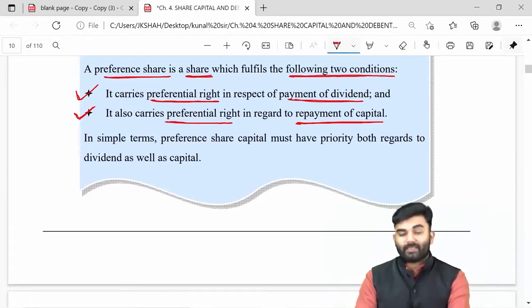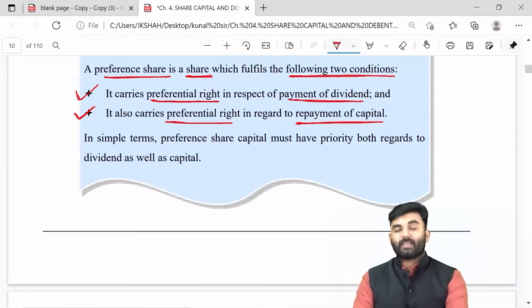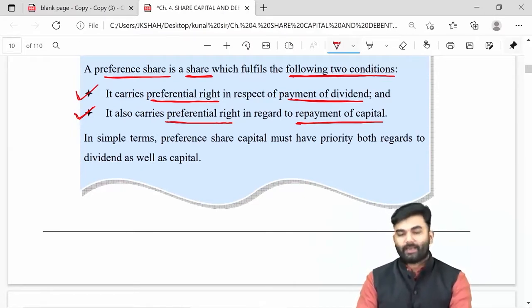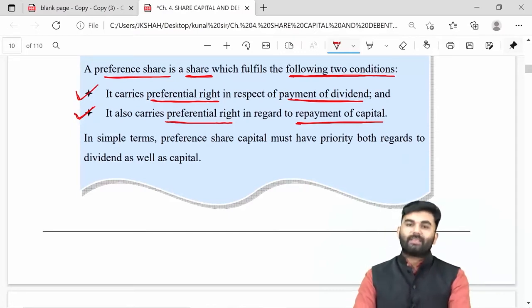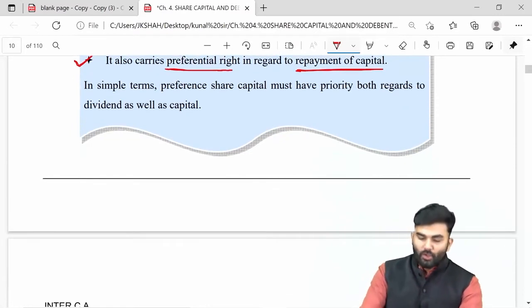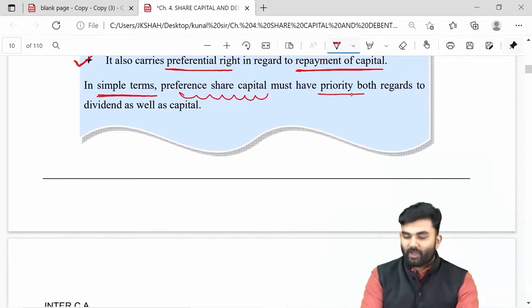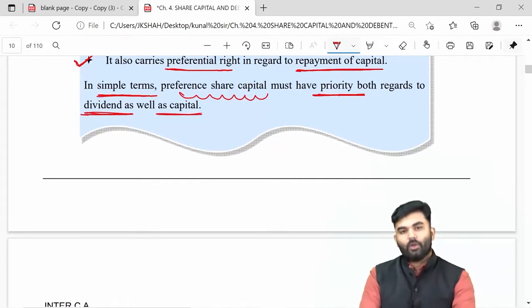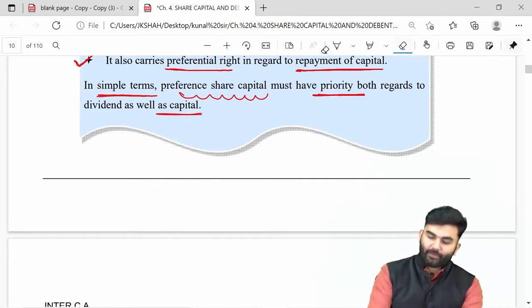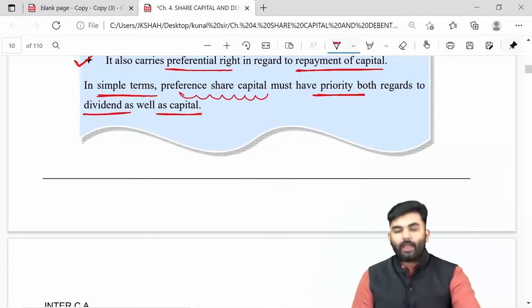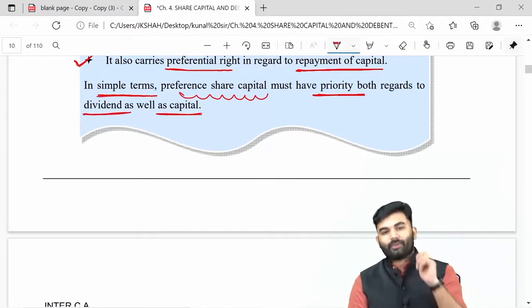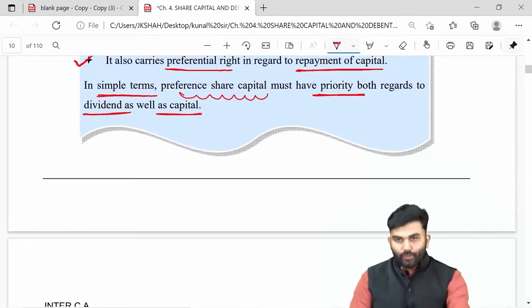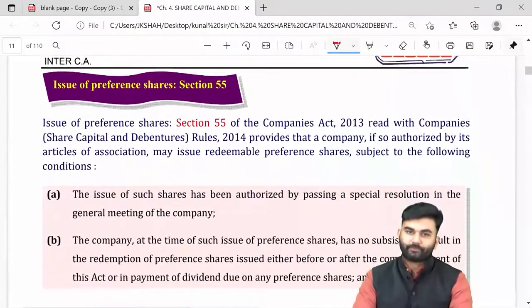If any surplus assets are left, such surplus assets will be utilized first to repay the preference share capital and later towards the equity share capital. In very simple terminology, preference share capital must have priority towards the dividend as well as capital. Whenever you enjoy priority in receiving dividend and priority in receiving repayment of capital, it simply means that you are a preference shareholder.